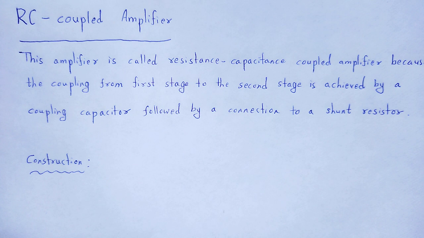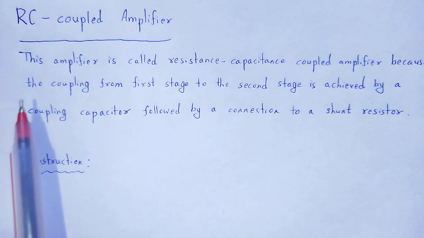In a multi-stage amplifier, the output of one stage is coupled to the input of the next stage by a coupling device. That coupling device may be a resistor, capacitor or inductor. The output of one is coupled to the input of another. For that reason, we call them coupled amplifiers.